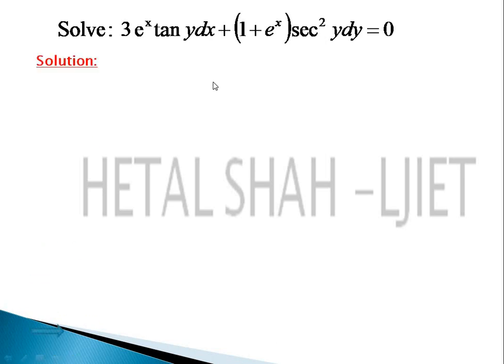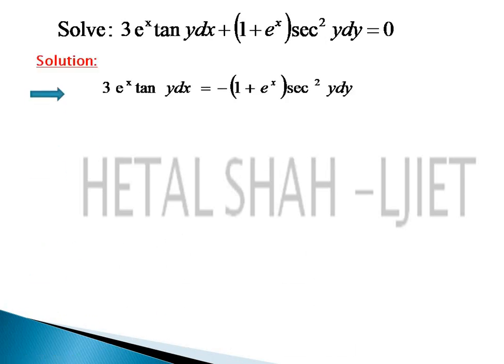Now for the solution, first we keep our second term on the right-hand side. So 3e^x tan y dx = -(1 + e^x) x^2 y dy. Now rearrange this equation again and write the variable of x with dx and the variable of y with dy.